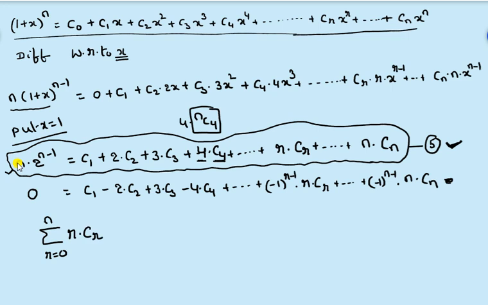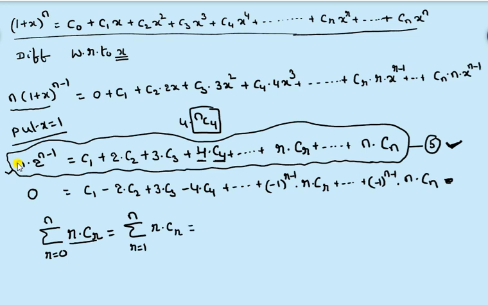The same we can also write as summation r is equal to 1 to n, because if you substitute r is equal to 0, it becomes 0 only. That's why whether you run the summation from r is equal to 0 to n or r is equal to 1 to n, it makes no difference. That's why sigma r is equal to 1 to n, r into Cr.